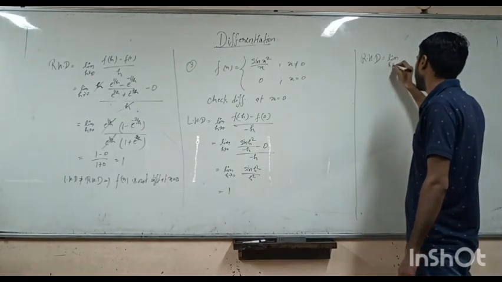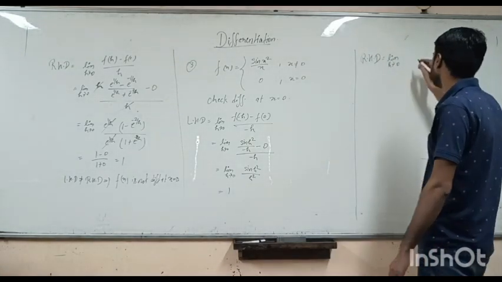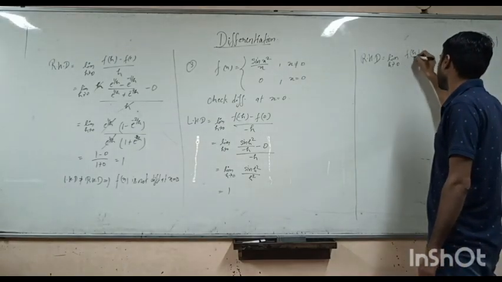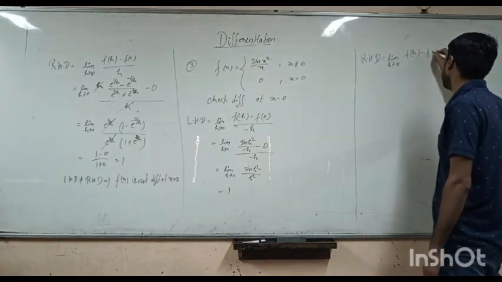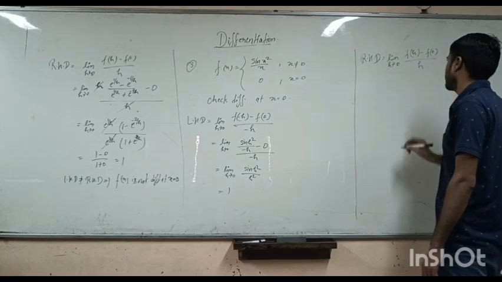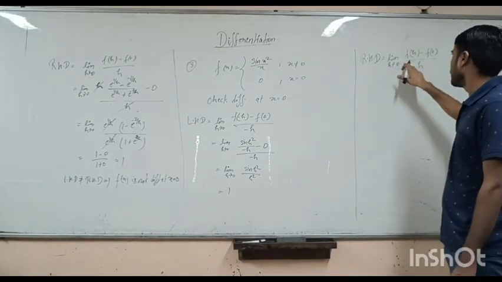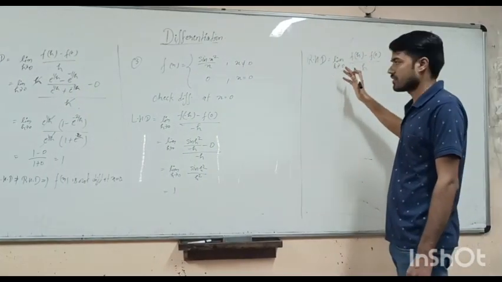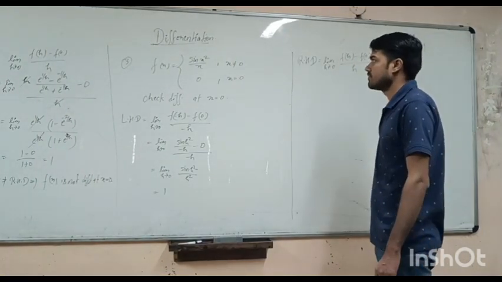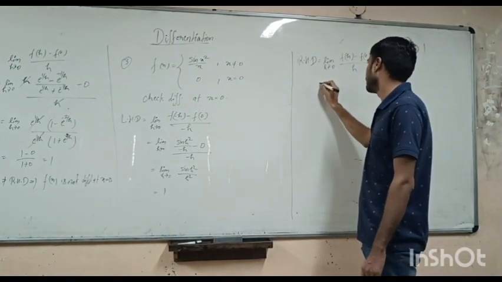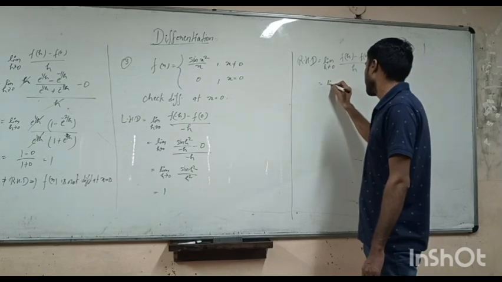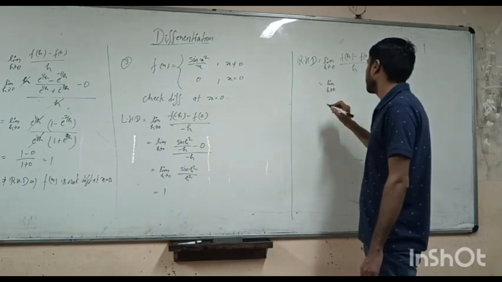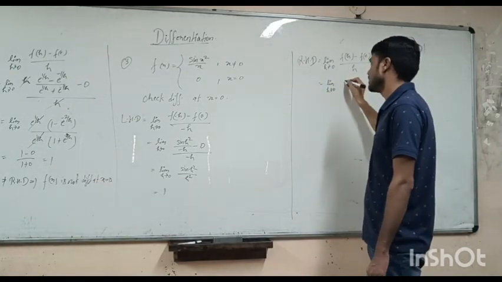So what will be the right hand derivative at x equal to 0? It will be f of h minus f of 0 divided by h. We actually take f of a plus h, but because a is 0, it is f of h. So limit h tends to 0. What is the value of the function at h?